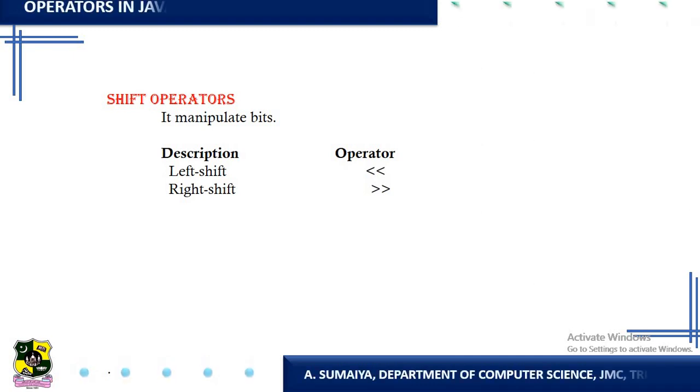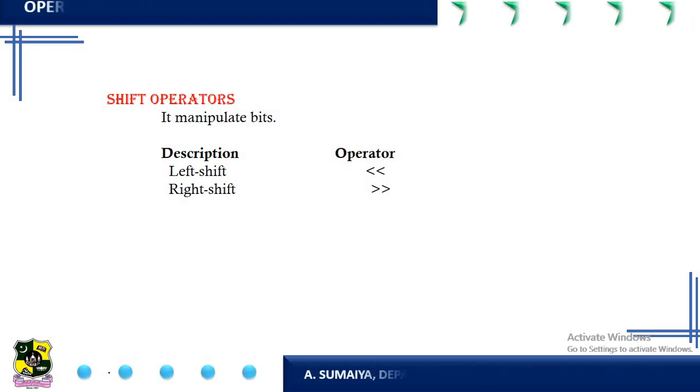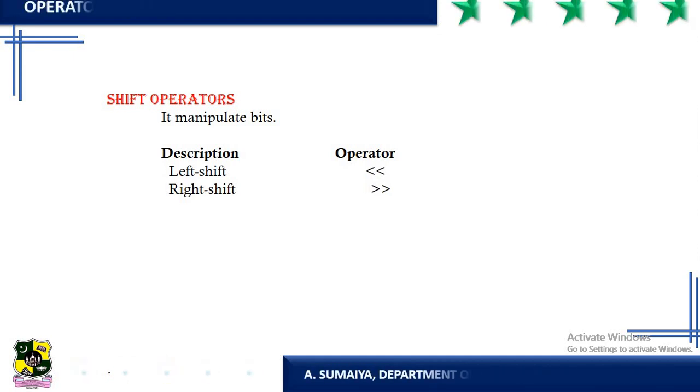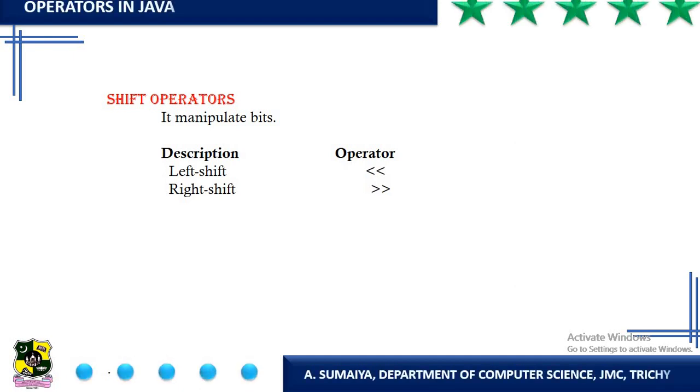Example, when calculating the maximum of 3 numbers: d equal to a greater than b, question mark, a greater than c, question mark, a colon c, colon, b greater than c, question mark, b colon c.